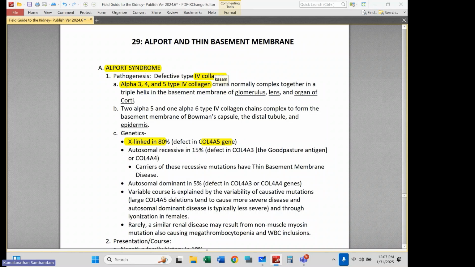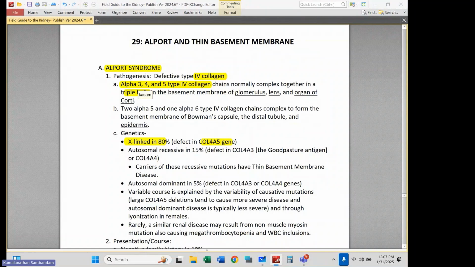For type 4 collagen, this mature protein arises from the interaction of three different proteins: the alpha 3, alpha 4, and alpha 5 chains. They wind around each other, forming a triple helix.